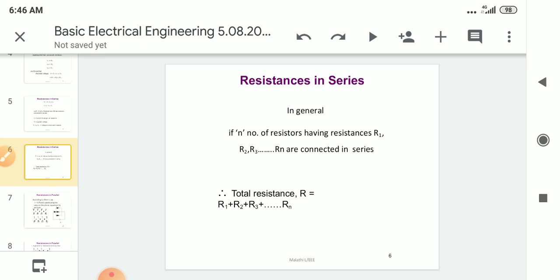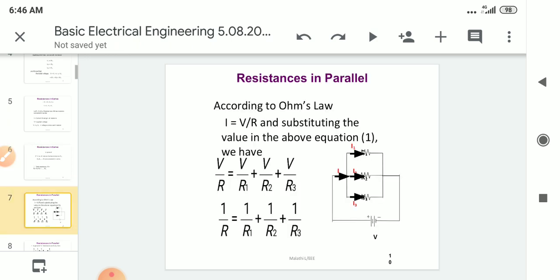Next, let's see the resistances in parallel. Here the resistances R1, R2, R3 are in parallel. So the total current is divided into individual loops. Then I1, I2, I3 are the individual currents of R1, R2, R3. So the total current I is the combination of I1 plus I2 plus I3.